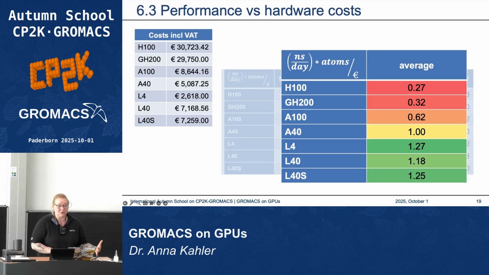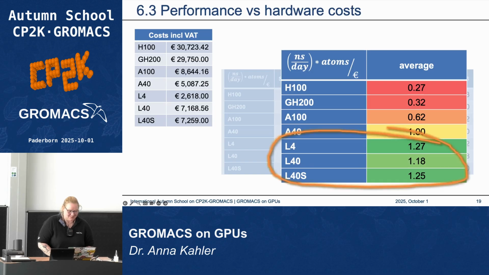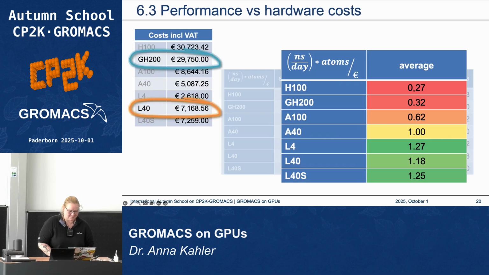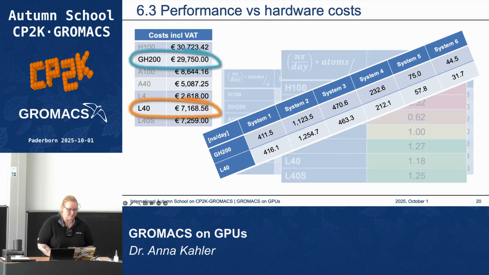So in terms of hardware costs, if you want to buy efficient GPUs for your MD simulations, it would be to go for the Ada Lovelace generation because of the price. And because of the performance, really. Because if you compare these two prices and then compare the performance to that, yes.